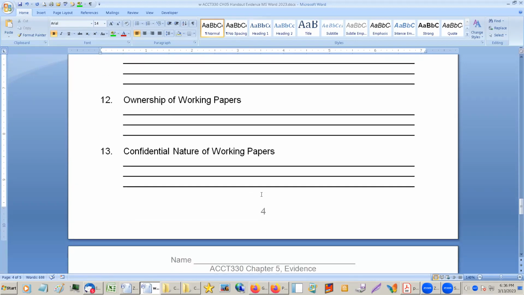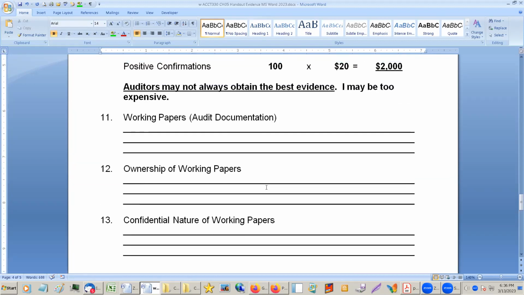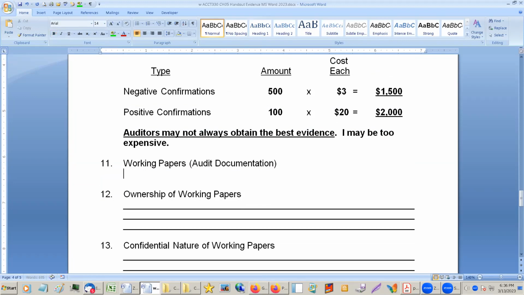Okay, working papers. The working papers are the auditor's evidence to support their opinion.